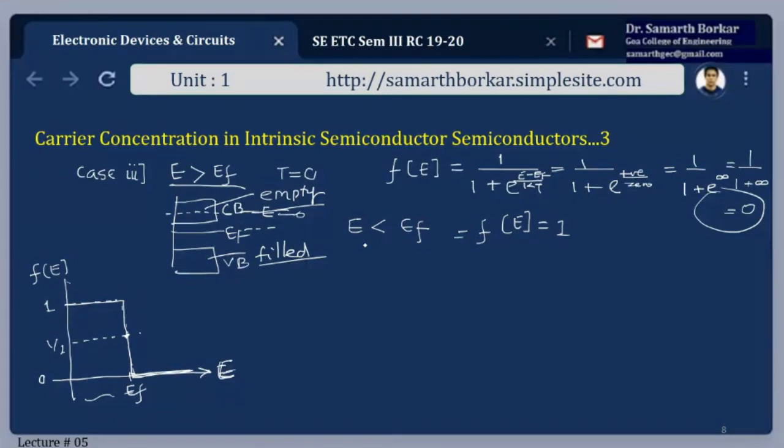Now, what will happen if we increase the temperature? So far, we had played very safe. We said T equals to 0. Now, what will happen if we increase the temperature? If I increase the temperature, referring to our theoretical background, electrons in the valence band will gain some energy. Electrons will move from one band to another, or one energy to another, only when they acquire some energy from an external field. Here, increasing the temperature means we are providing some thermal energy.